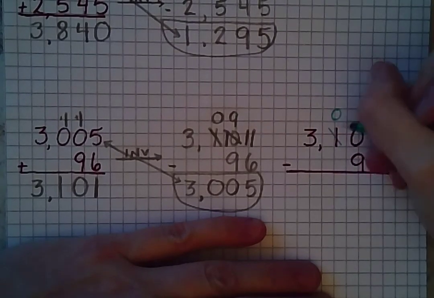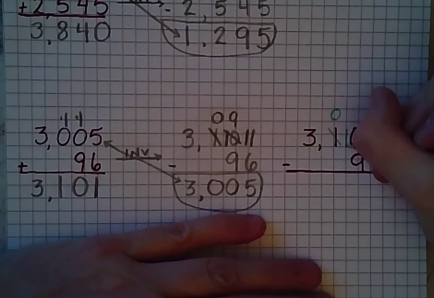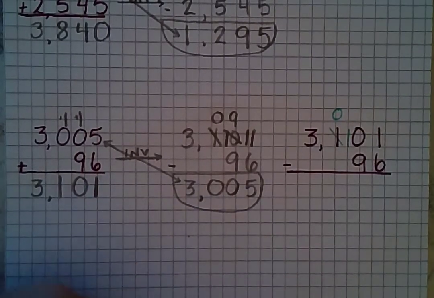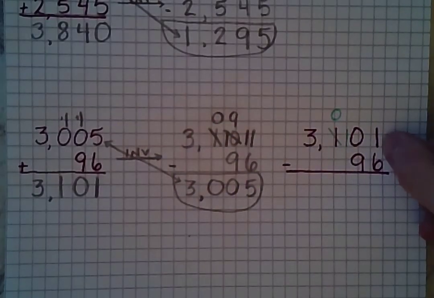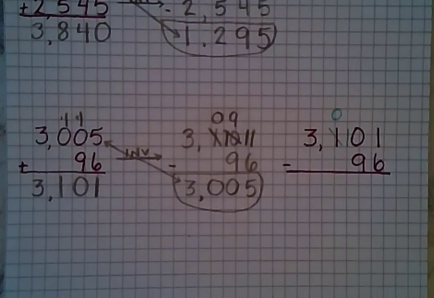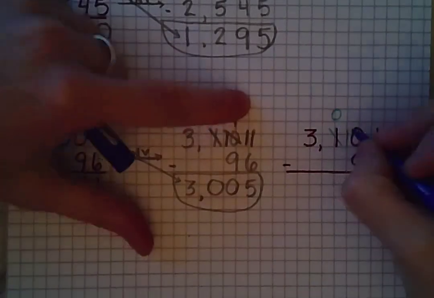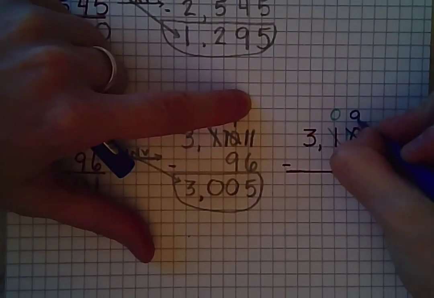And so I need to take the 1 that I borrowed here and I need to put it on the next number. Okay? Well, here's the thing. I still can't subtract 6 from 1. But now I have 10 right here and I can borrow from 10. So for that, I'm going to cross out my 10 and it's now a 9.